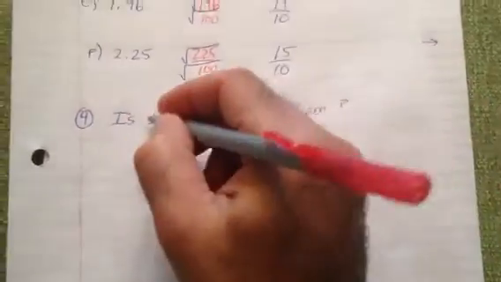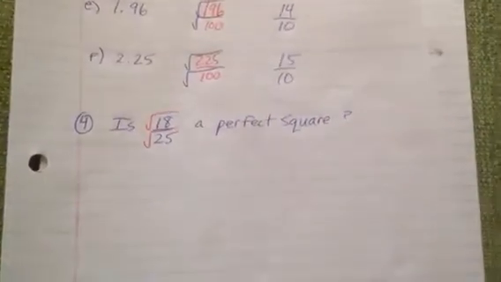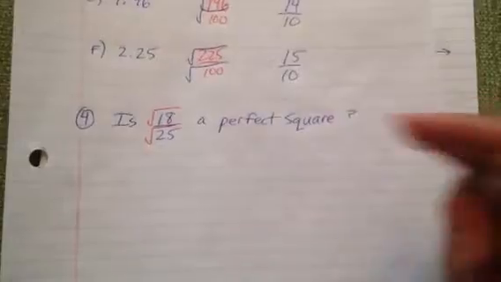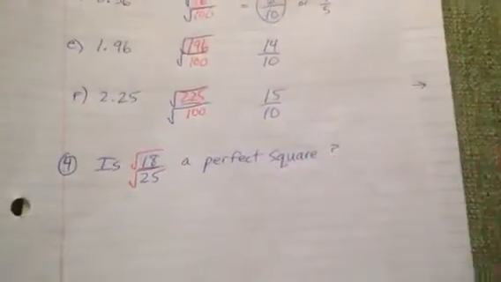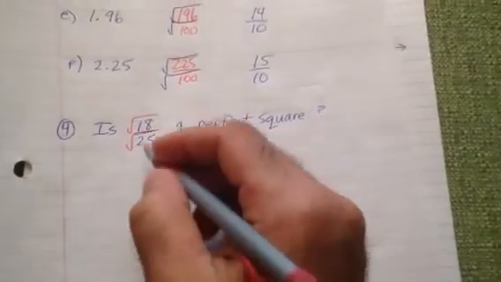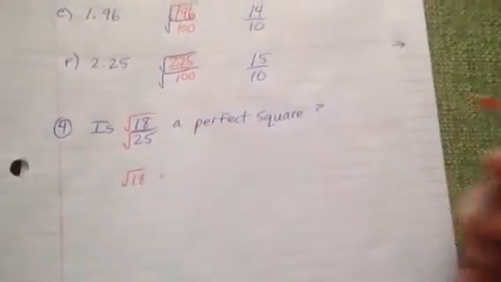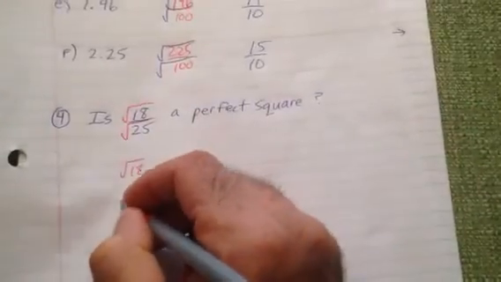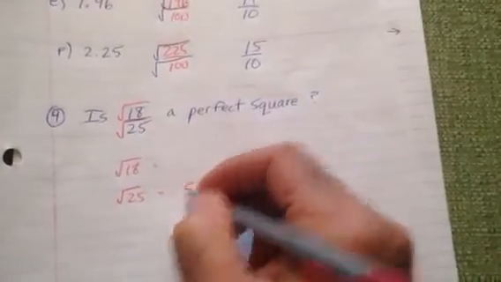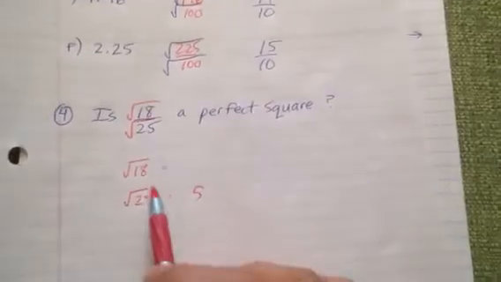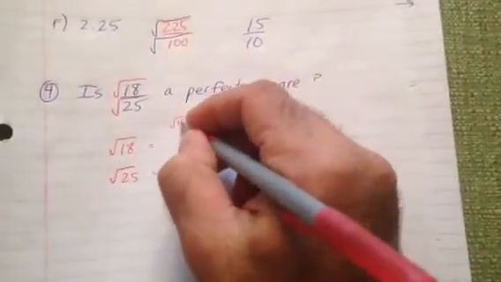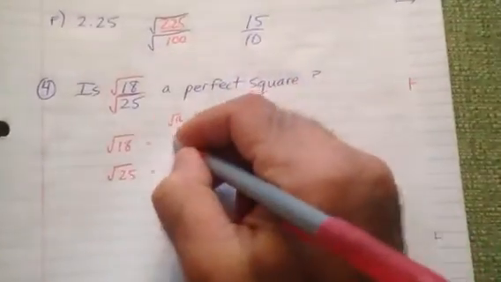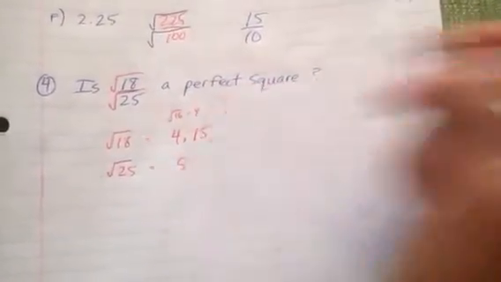Okay, so following with that, is this a perfect square? In other words, can we take the square root of both of these numbers? Because if it is a perfect square, we should get perfect whole numbers like we did here. We should not get a decimal. We can see from the first one, the square root of 18 is going to be a decimal, whereas the square root of 25 is going to be 5. This one will be a decimal. If I had to estimate, I know it's just past the square root of 16, which is 4, so it would be like 4.15 or something like that.